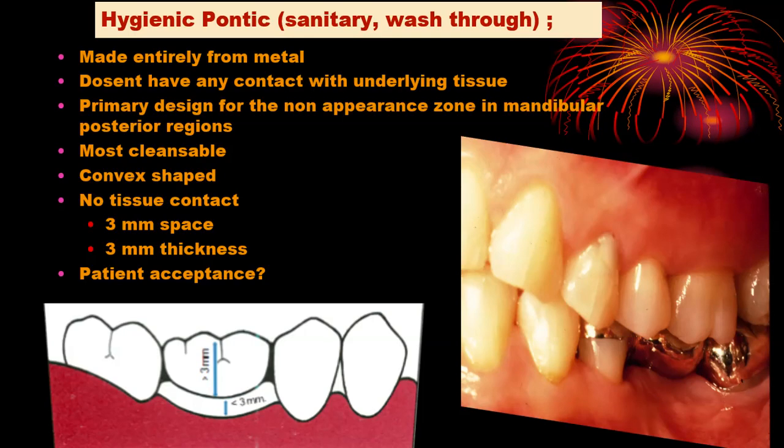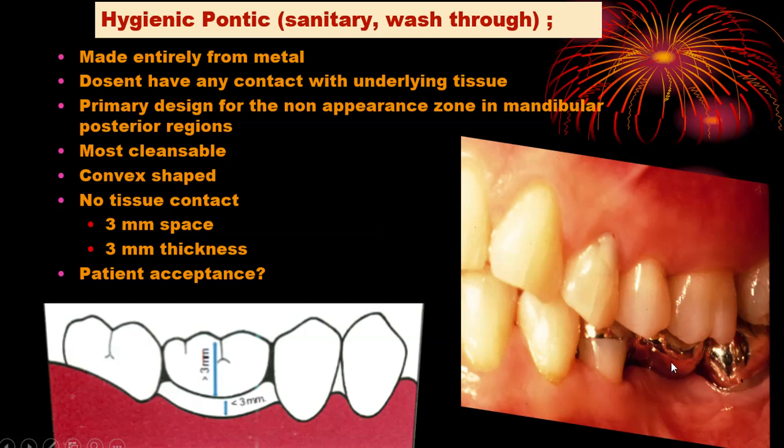Non-mucosal pontic, we have hygienic pontic. It is made entirely from metal, definitely metal معناها you use it for posterior teeth, does not have any contact with the underlying tissue، مثل ما نشوف ماكو أي contact. هذا primary design for non-appearance zone بالmandibular or posterior area, most cleanable, convex shape.